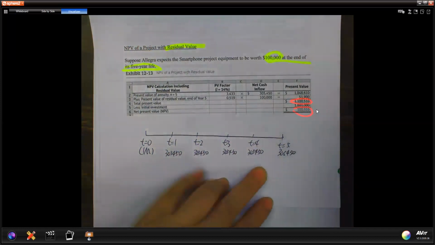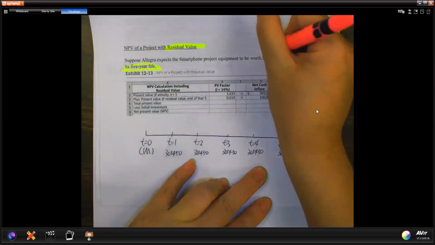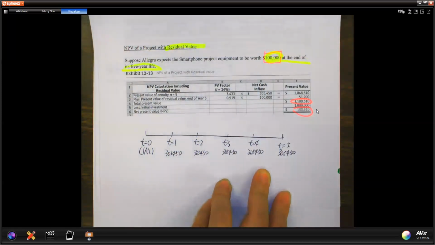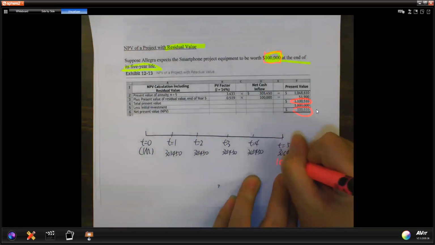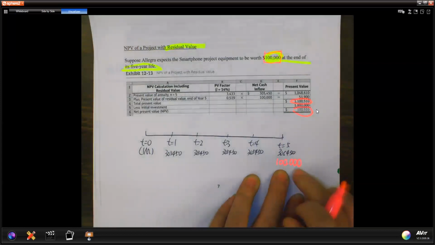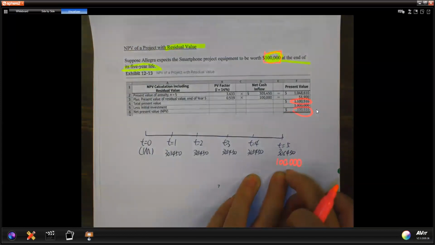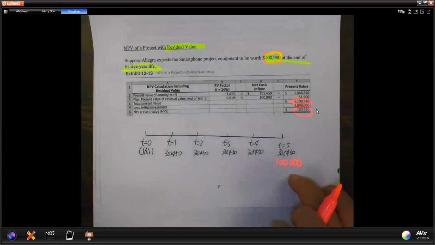But at the end of the project, you have a one-time extra cash flow. Only at the end, you get an extra 100,000. Only for year 5. Sorry, I cannot emphasize this enough. You only get this 100,000 for year 5.